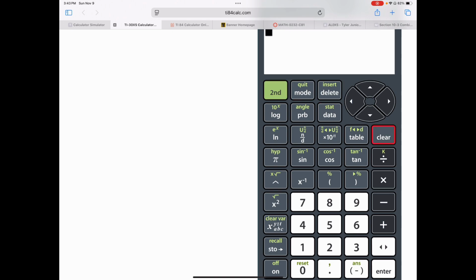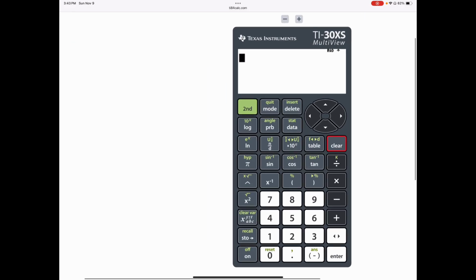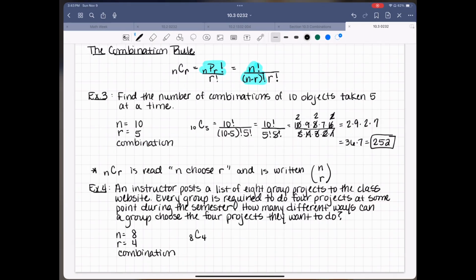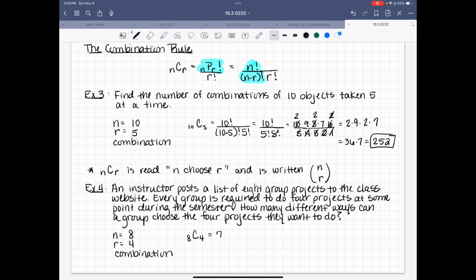I'm going to clear that out. And we are going to say 8. Then we go back to our PRB. We're going to pick 2 this time. You notice it says NCR. So 8 choose 4. We hit enter and we get 70. Okay, there's 70 different ways those 4 group projects can be chosen out of the 8 listed.